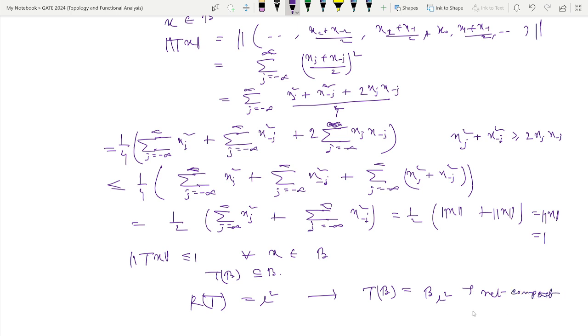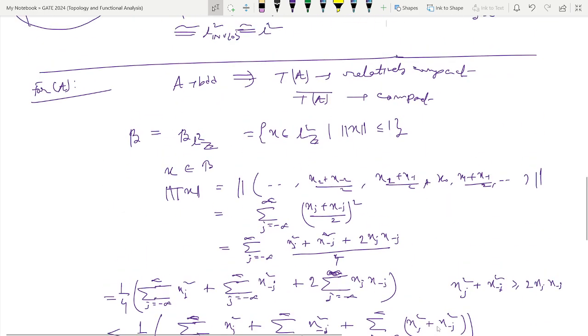Also, as this B of L2 is closed, TB closure equals B of L2 closure equals B of L2, which is not compact. But this B is bounded. So now we have an example of a bounded set in L2Z such that TB is not relatively compact, as TB closure is not compact. So T is not a compact operator.